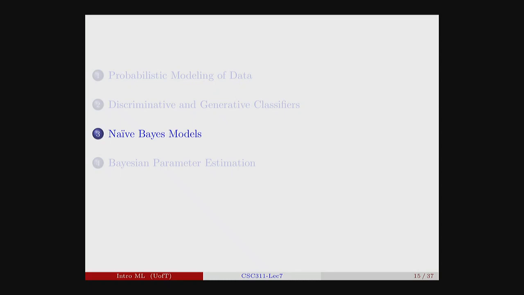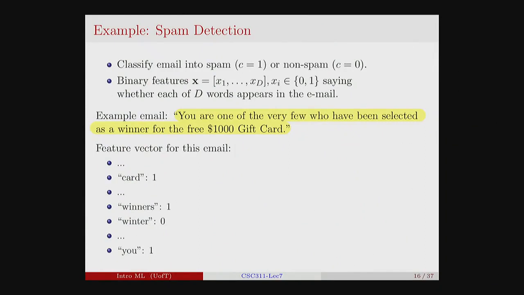So let's think about that in the context of a very concrete model, and this is the simplest kind of generative classifier you can have, and it's called the naive Bayes model. So our goal is going to be to classify email into spam versus not spam. So C is equal to 1 is spam, C is equal to 0 is not spam.